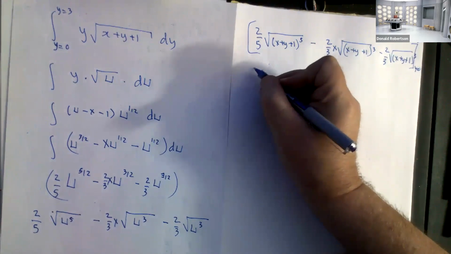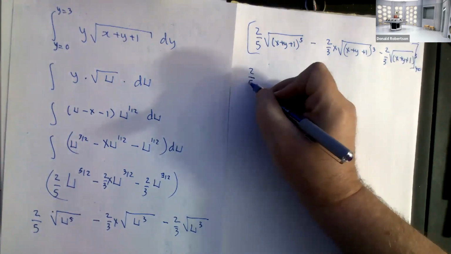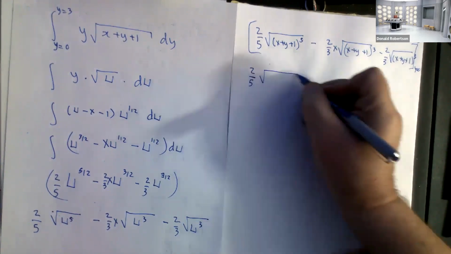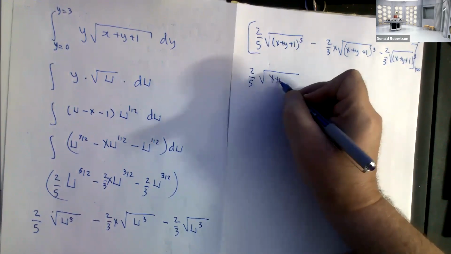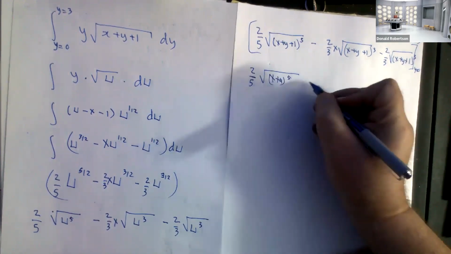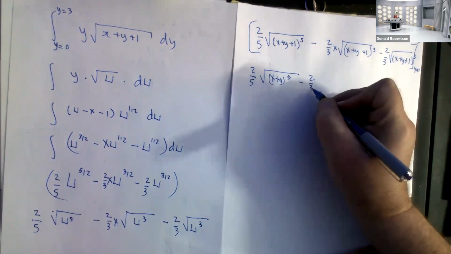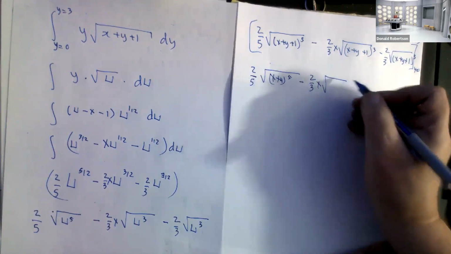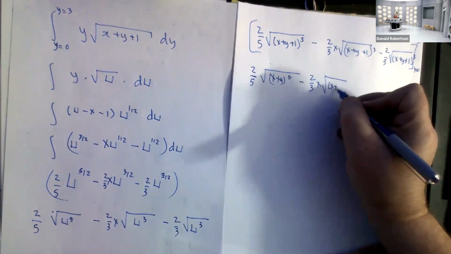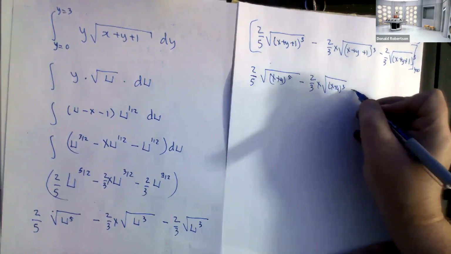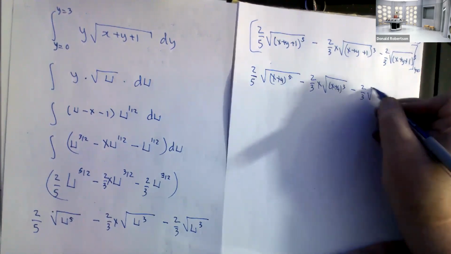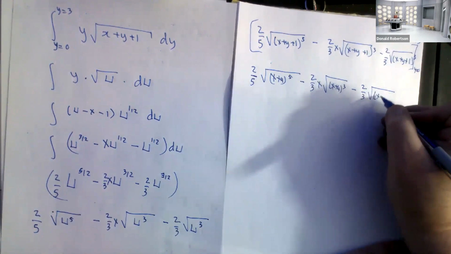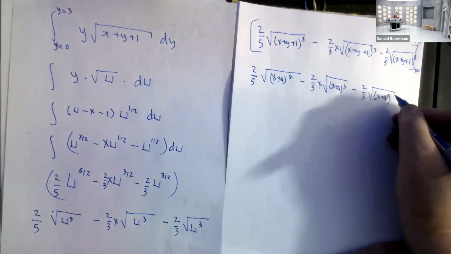Now, if you put in 3, you're going to get 2/5 the square root of x plus 4 to the power of 5, take away 2/3 x, the square root of x plus 4 cubed, take away 2/3 the square root of x plus 4 cubed.